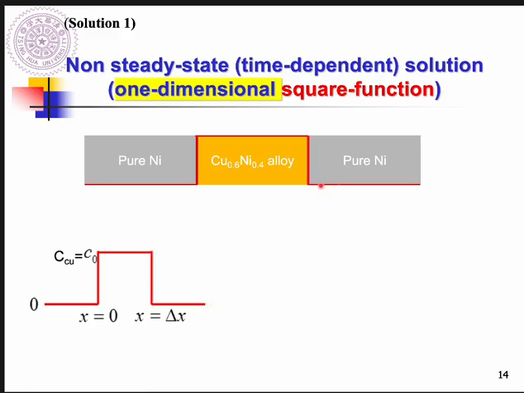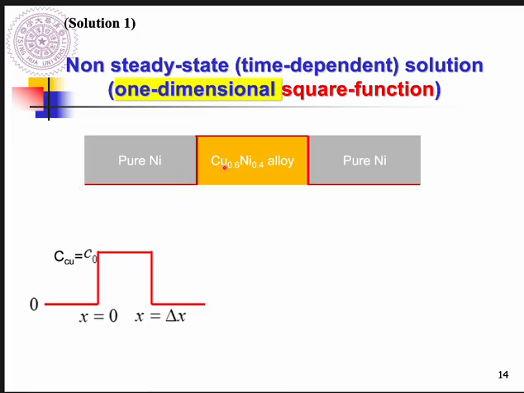Then on your right-hand side, we don't have copper as well. After you draw this concentration profile, you can see it belongs to a square function, the shape is like a square, so we call it a square function.